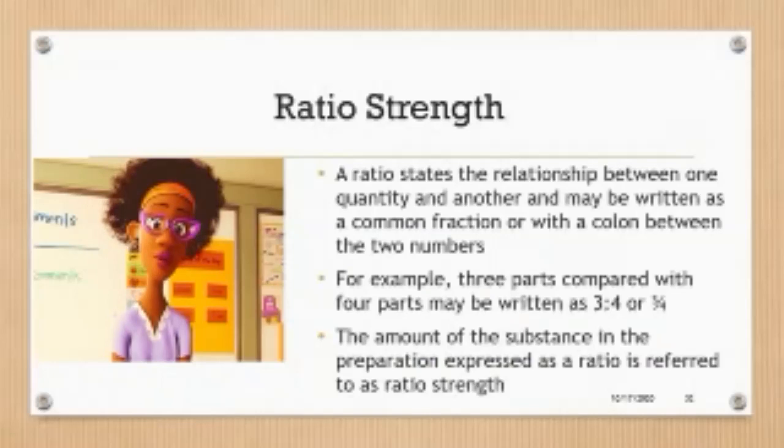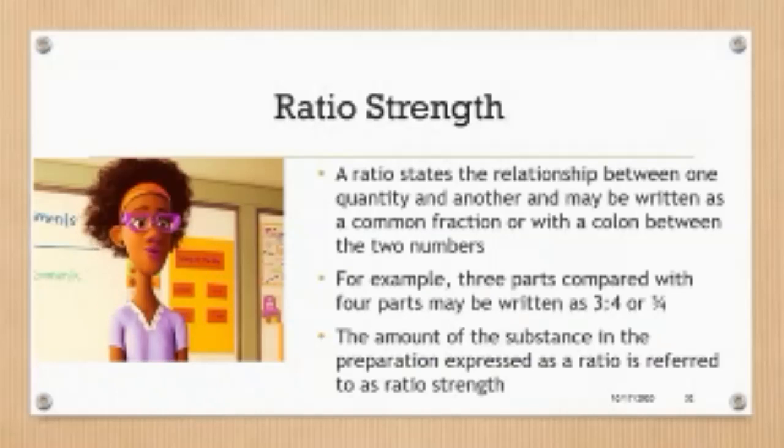It is a relationship between one quantity and another, and may be written as a common fraction or with a colon between two numbers. So you would have seen this when you went to primary school or in high school math, at least in first form, if my memory serves me right.